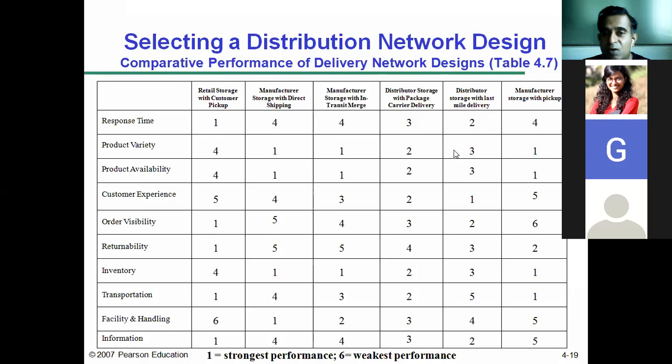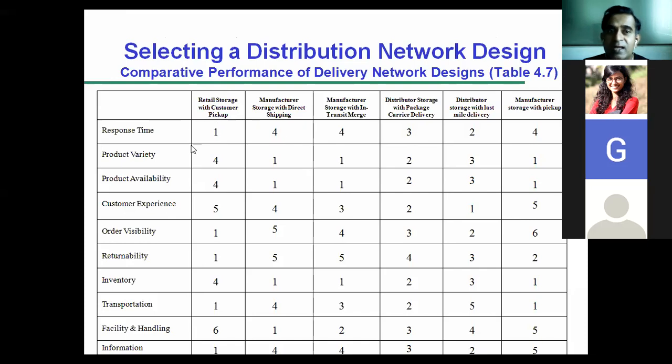So I hope you can understand how these criteria that influence selection of a distribution network design are considered to select a particular type of distribution network design. For example, if consumers prefer instant or fast delivery, definitely retail storage with customer pickup is preferred.